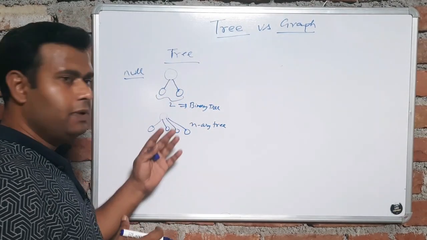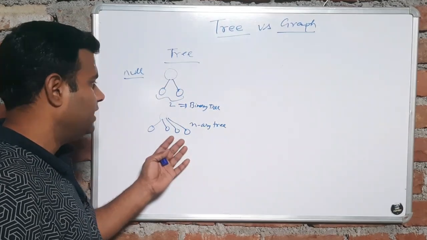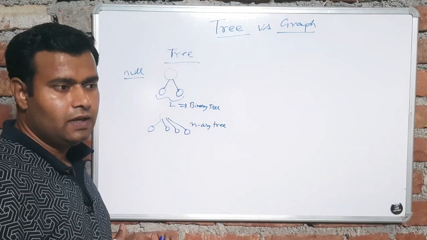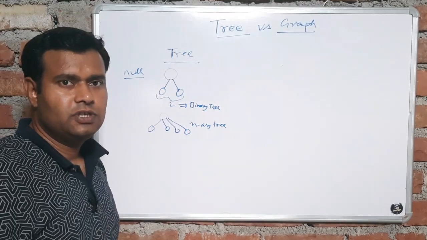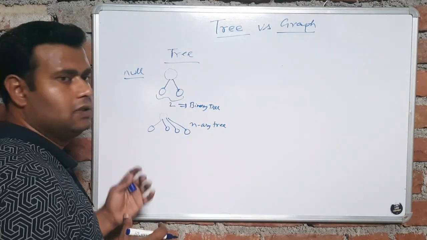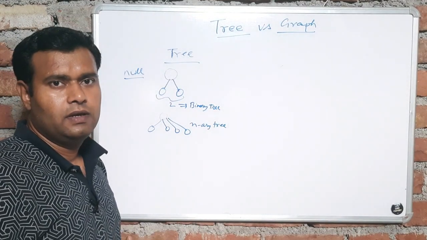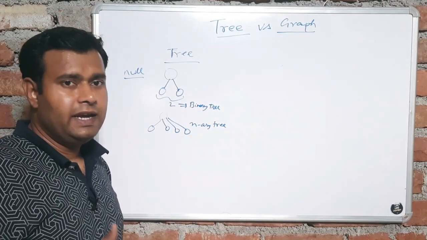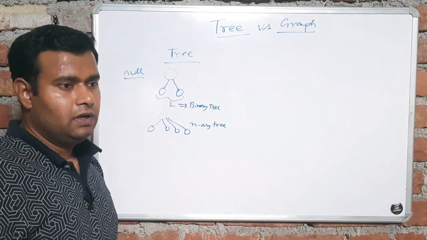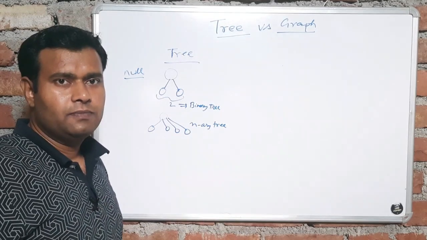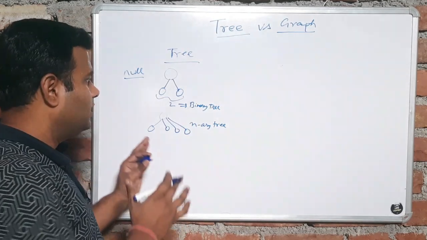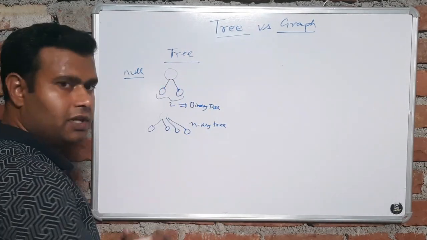And if multiple children are allowed, then it is called an n-ary tree. There are multiple data structures which emerge out of this itself, like segment tree, KD tree. So trees are a very vast topic, but here what we are trying to understand first is what a tree is.